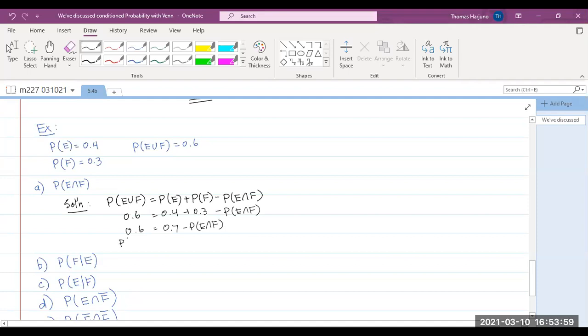So probability of the intersection must be 0.7 minus 0.6. That's 0.1.